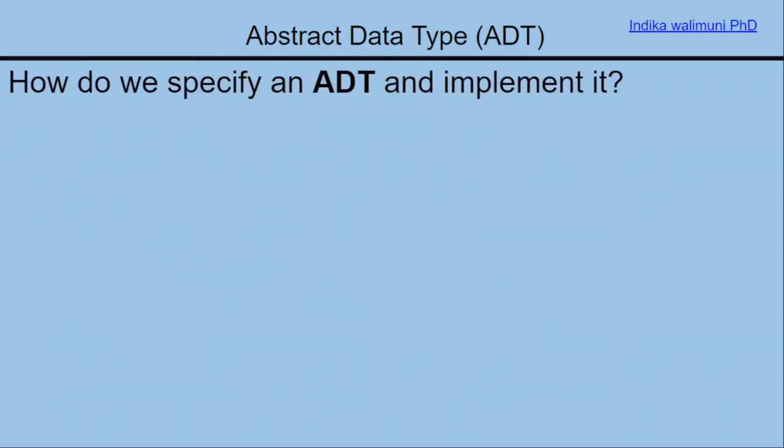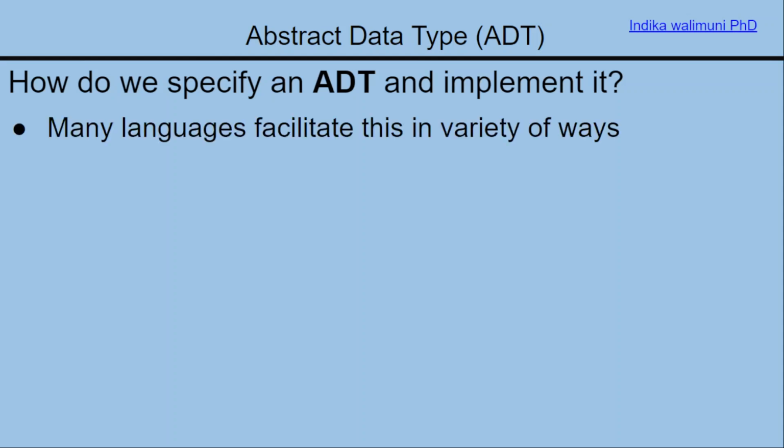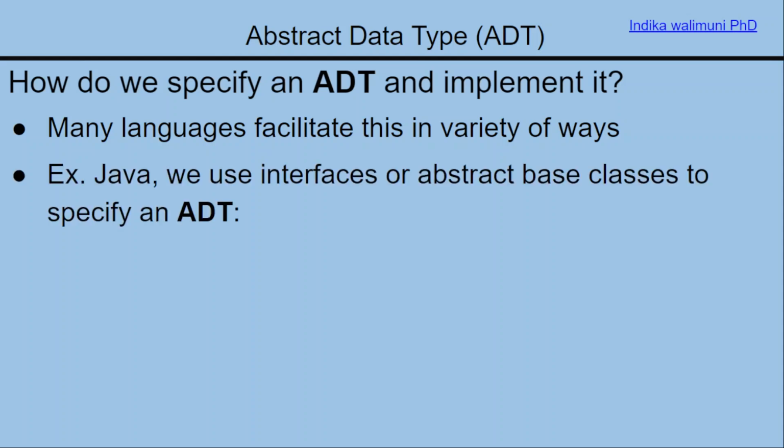All right. So then let's talk about how we specify an ADT and how we implement it. Many object-oriented languages facilitate this in a variety of ways. I'm going to talk about both Java and C++. In Java, we use interfaces or abstract base classes to specify an ADT.